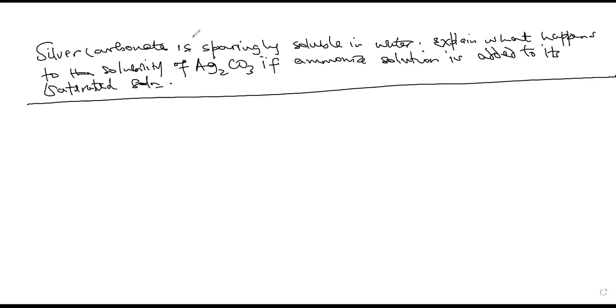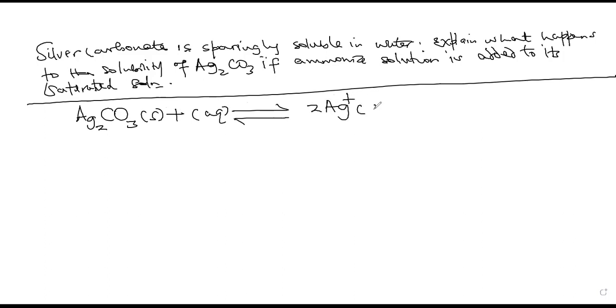So what happens here is that they have told us that the silver carbonate is sparingly soluble in water. So it shall form silver ions and then carbonate ions.